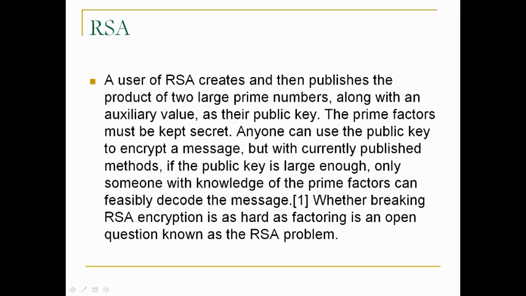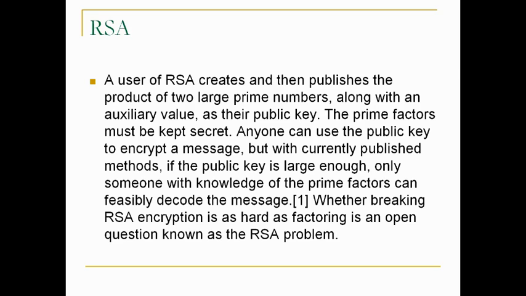A user of RSA creates and then publishes the product of two large prime numbers along with an auxiliary value as their public key. The prime factors must be kept secret.